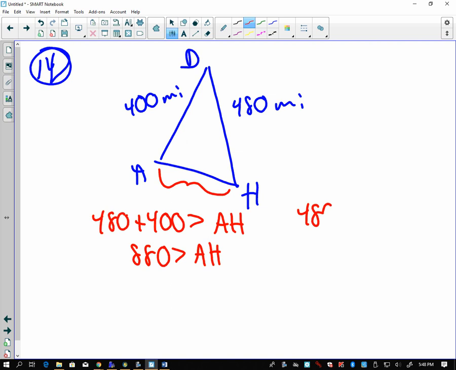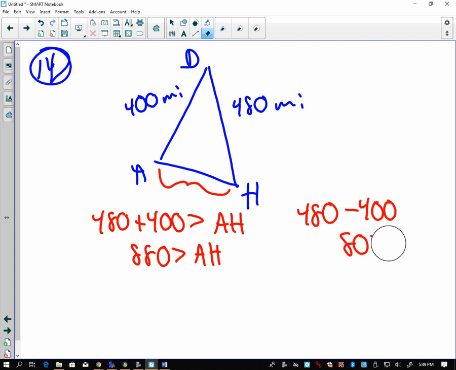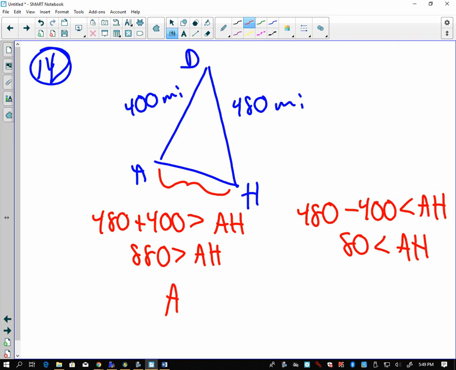So we take 480 minus 400, which is 80. So AH has to be greater than 80. So for our range of values, AH has got to be less than 880 and greater than 80.